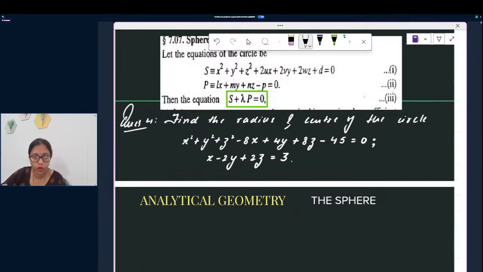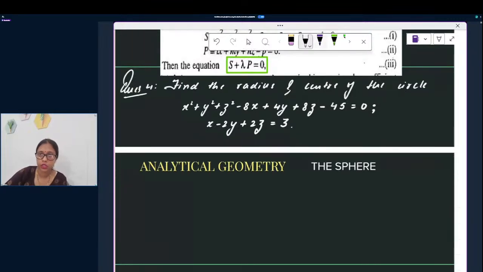So can you see how the circle is provided? The circle is given in the form of a sphere and a plane. So it is the intersection of a sphere and a plane. Roughly speaking, what will be the diagram?